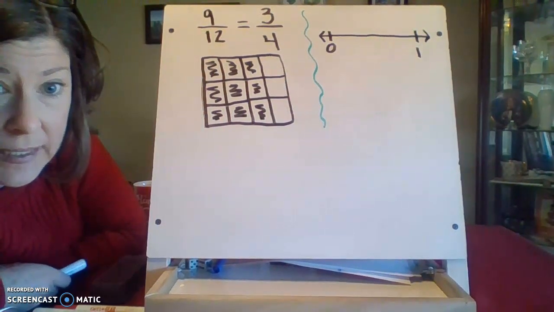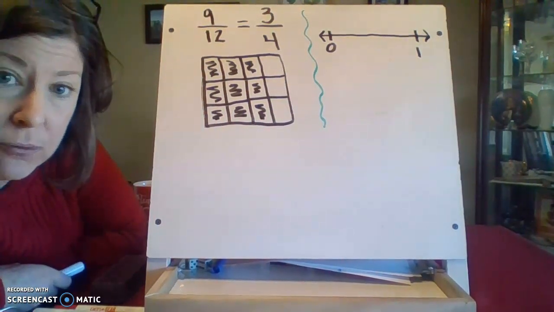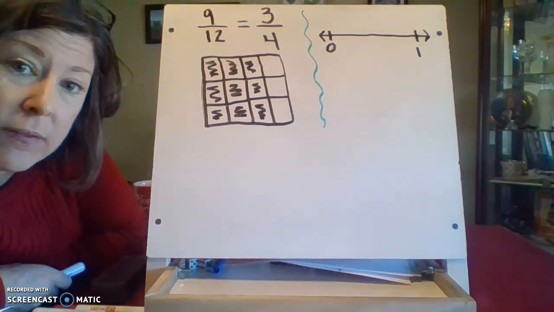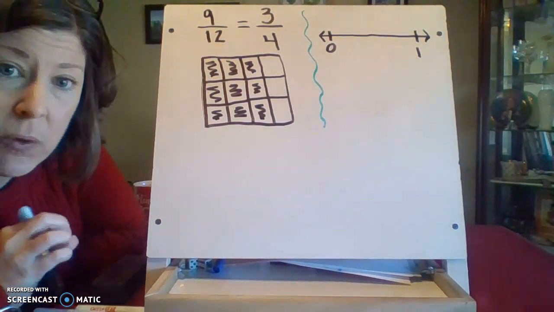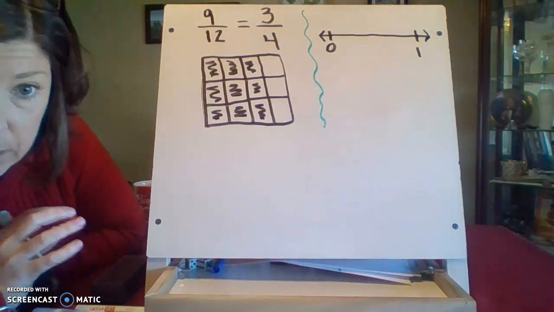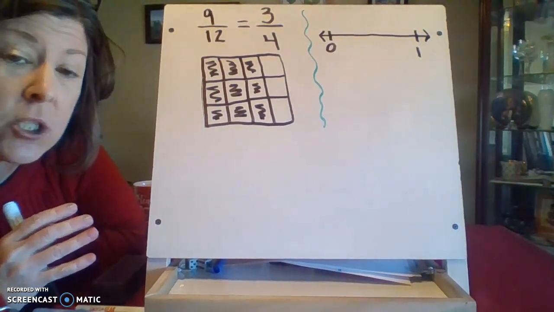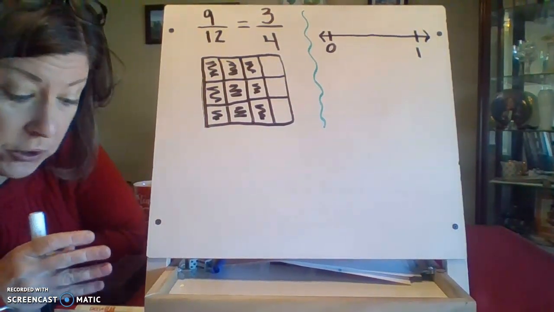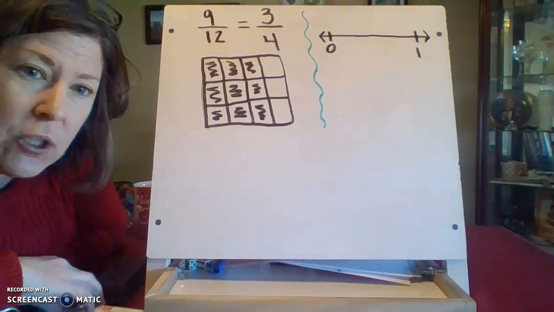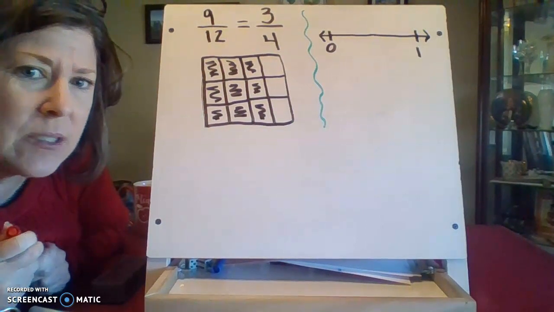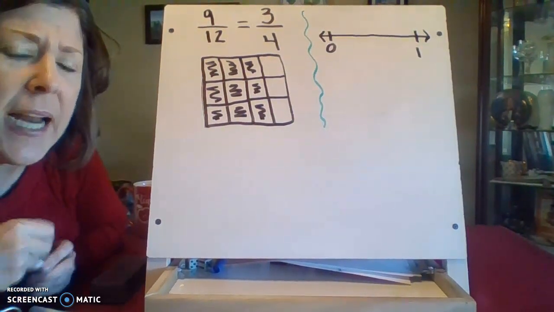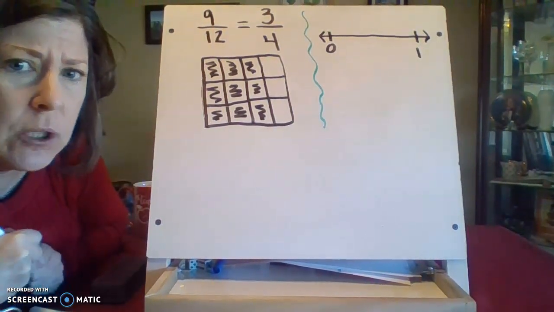So what I'm doing is I'm going to prove that 9/12 is equal to 3/4. So I'm going to go from smaller parts or units to larger units. And what I have to look for is how I can take these smaller parts and group them into a larger one.